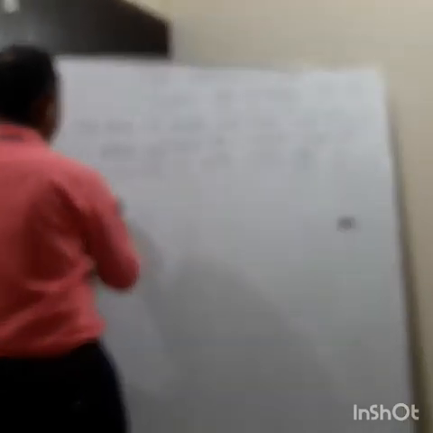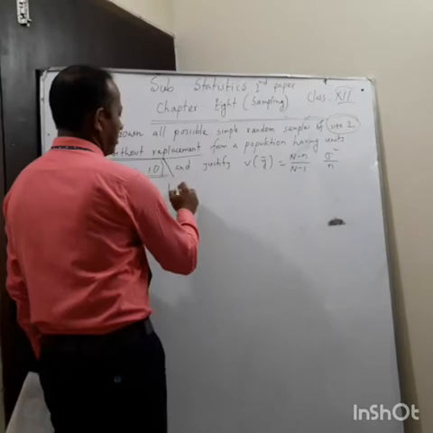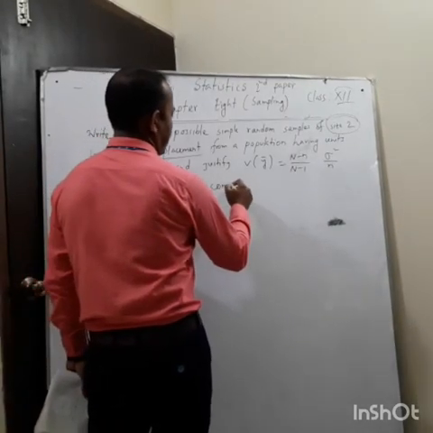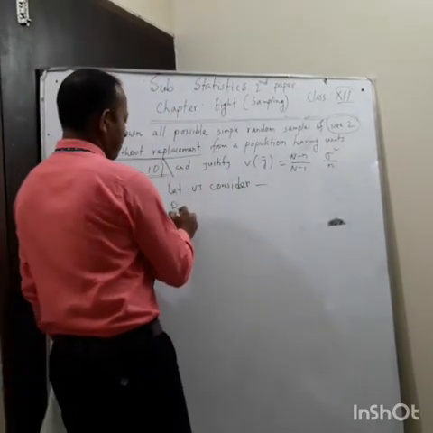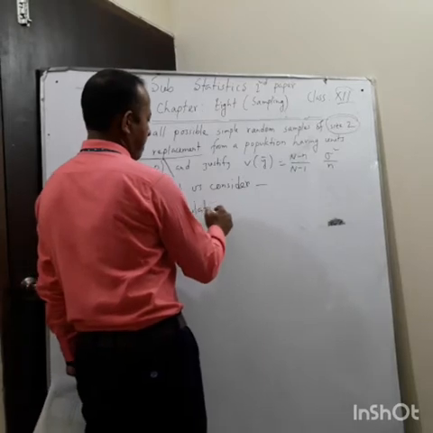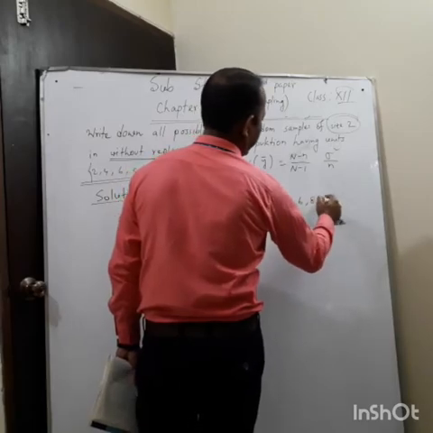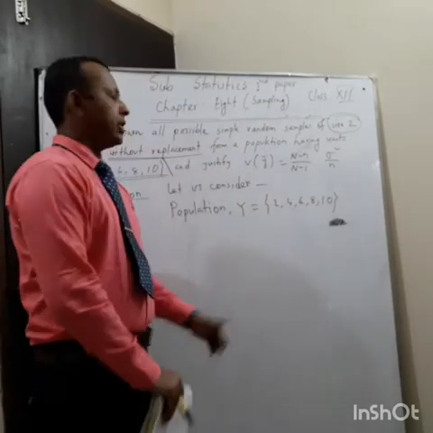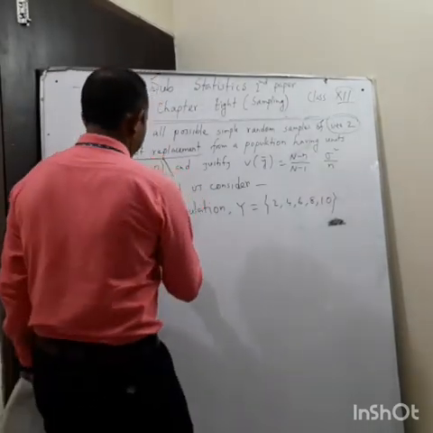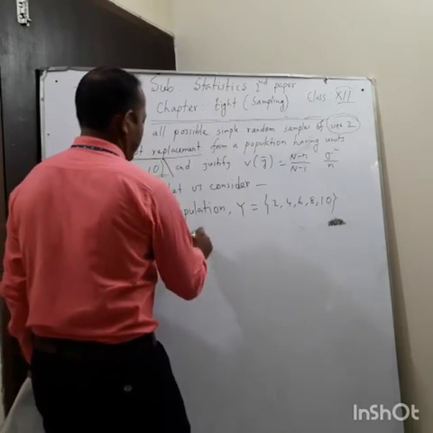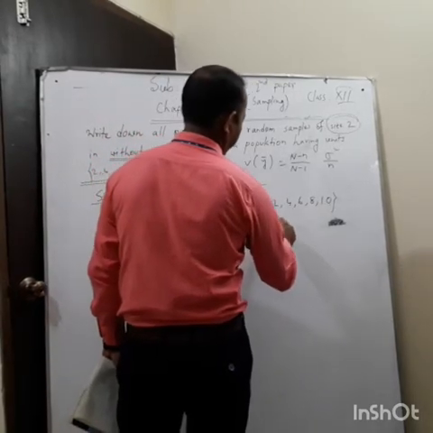Solution. Let us consider the population y equal to 2, 4, 6, 8, 10. You may consider x, you may consider z, it doesn't matter. And the population size capital N equals 5.